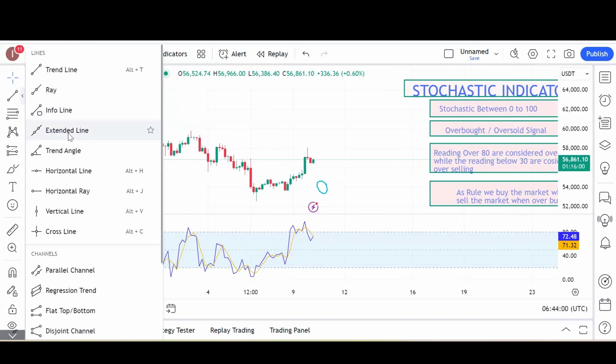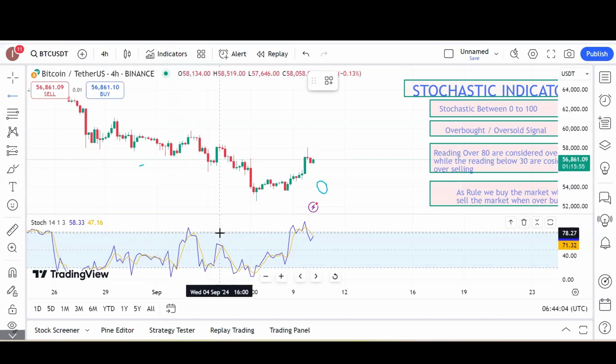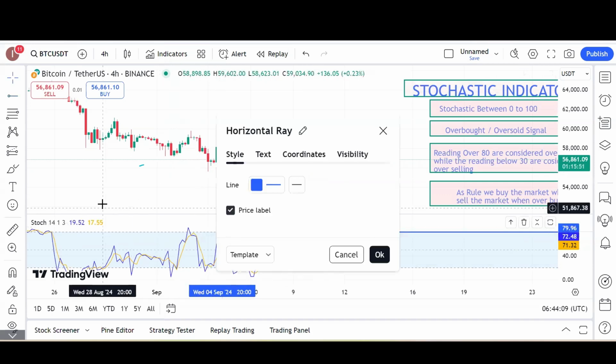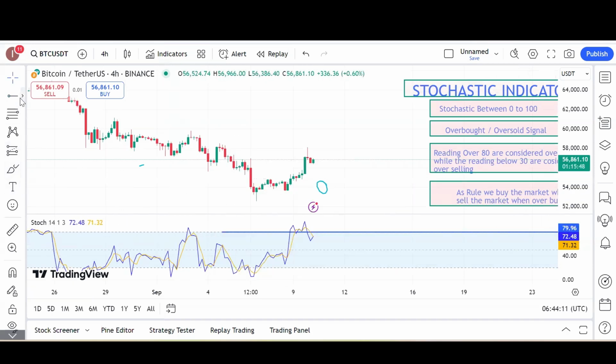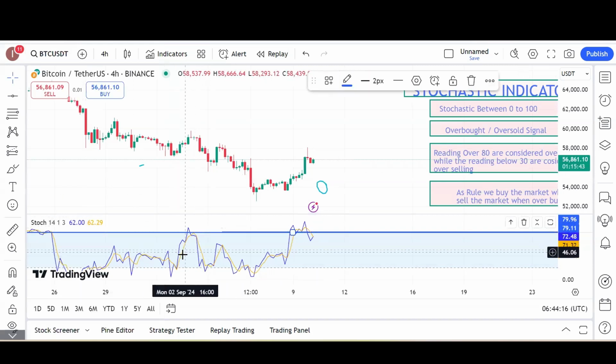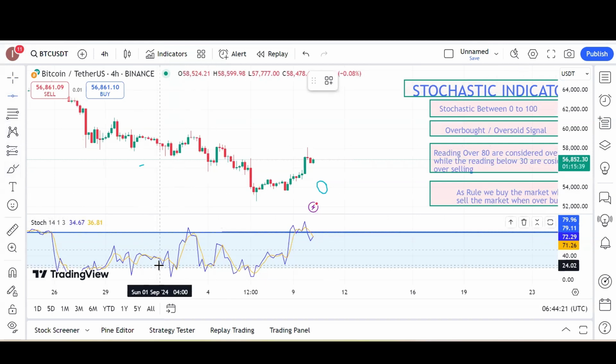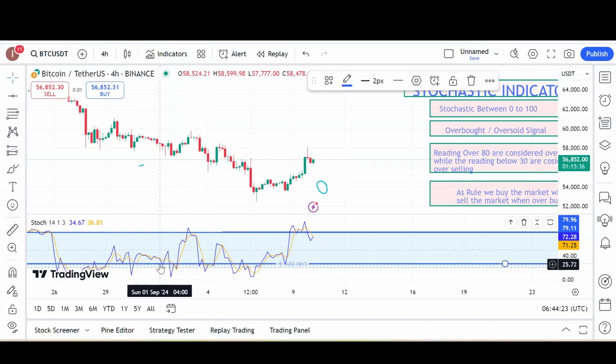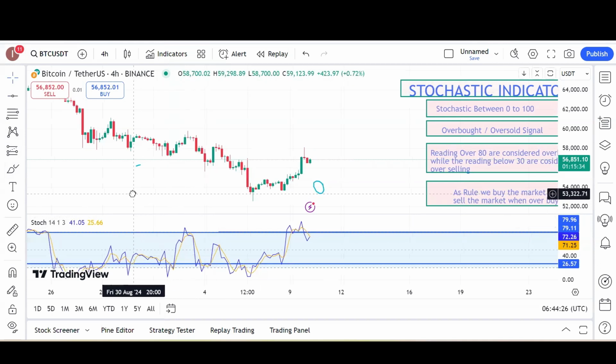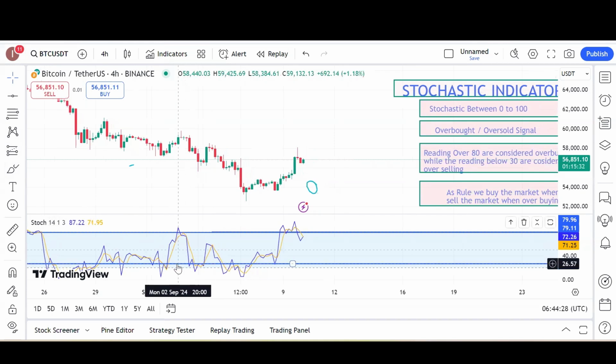The first is on 80 and the second is below 30. As you wish, you may consider this below 20 or below 30.